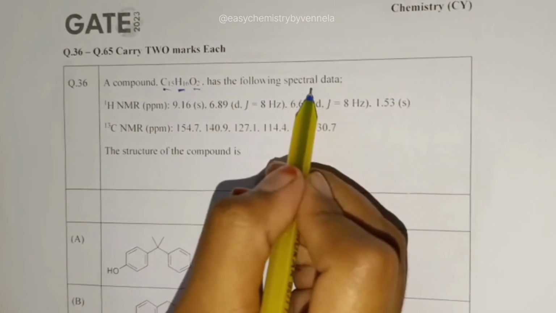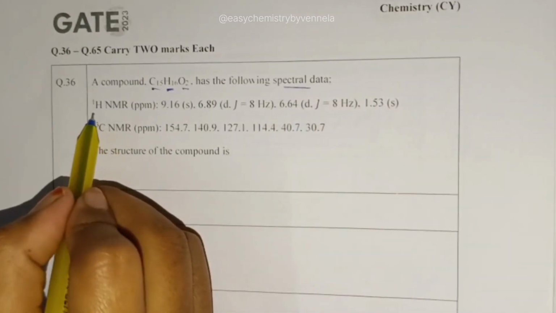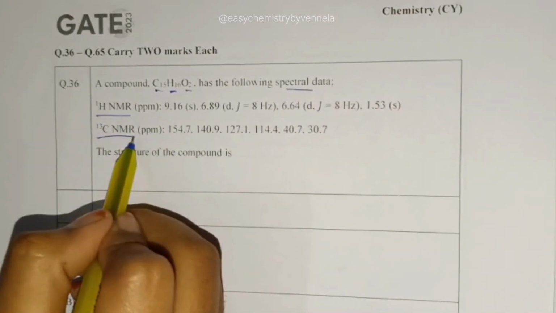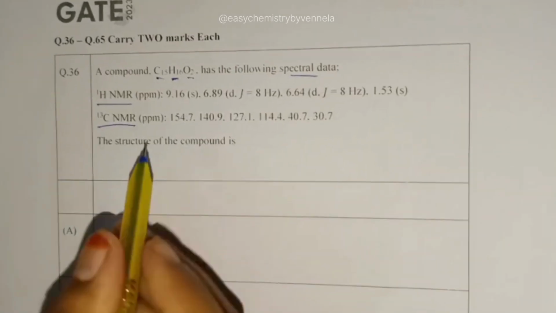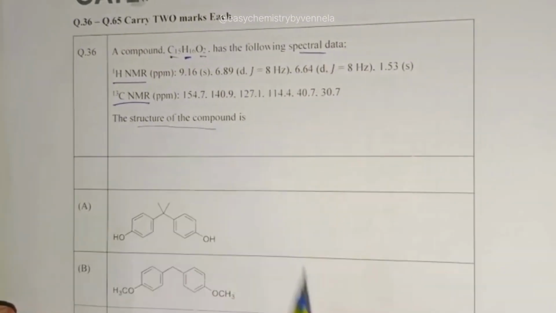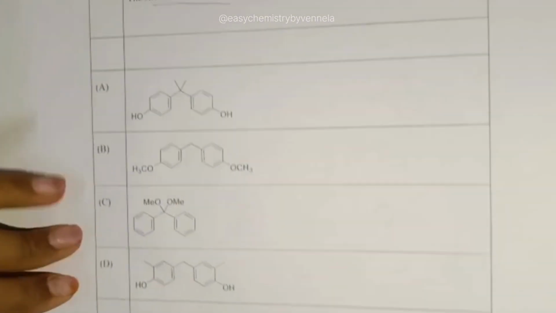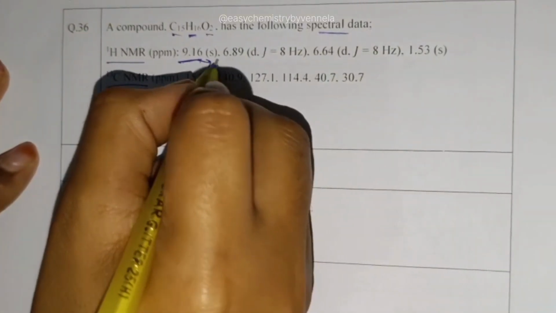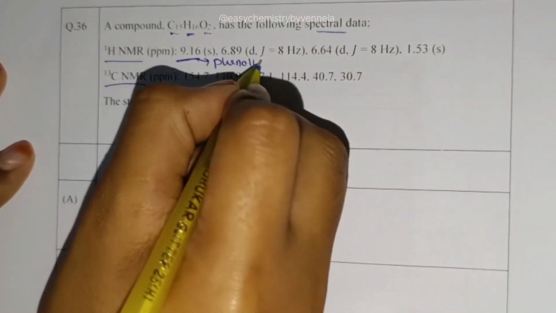C15H16O2 has the following spectral data. Here H1 NMR, C13 NMR. You can find the structure of the compound. So here in H NMR, 9.16: you have to know it is phenolic OH.